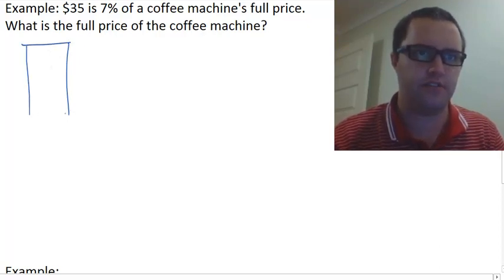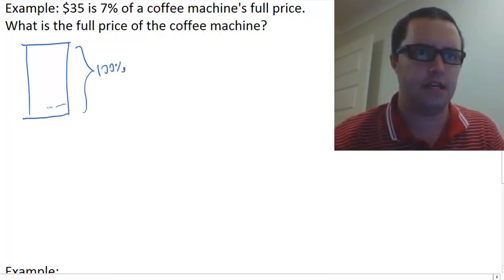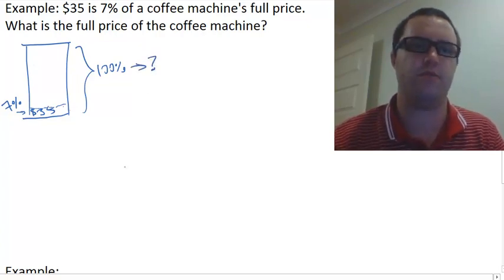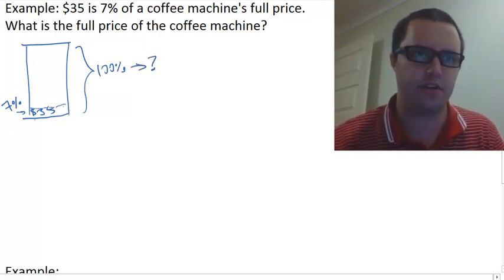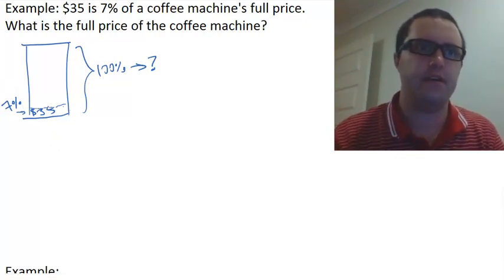So if this is the full amount of our coffee machine, 100%, we're told that just 7% is $35. And how much is 100% is what we're wanting to know. 7% of the whole amount is 35. 100% is what? Okay, so let's go through our steps.